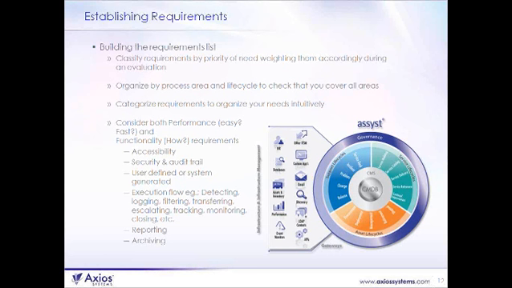You look at an incident as an example, so detecting, logging, filtering, transferring, escalating, tracking, and so on, and then reporting and archiving. This is not intended to be an all-inclusive list, but it's just to prompt you to give some thinking to a logical flow for how you're grouping your requirements together within a particular process area, and that helps you make sure that you've got a very complete and robust list.